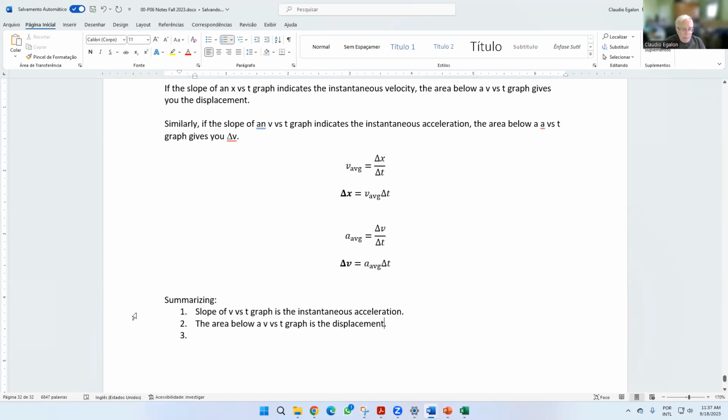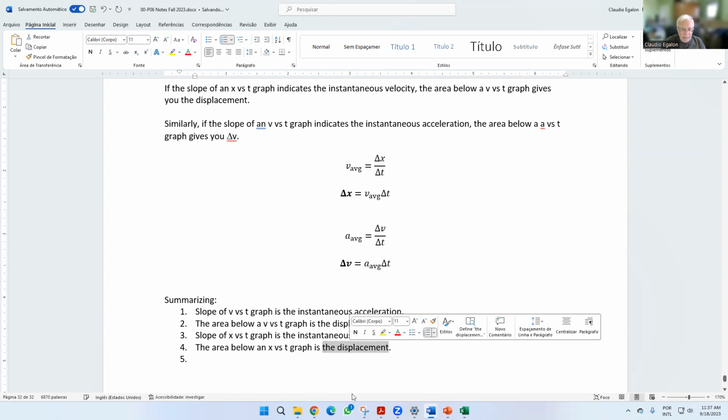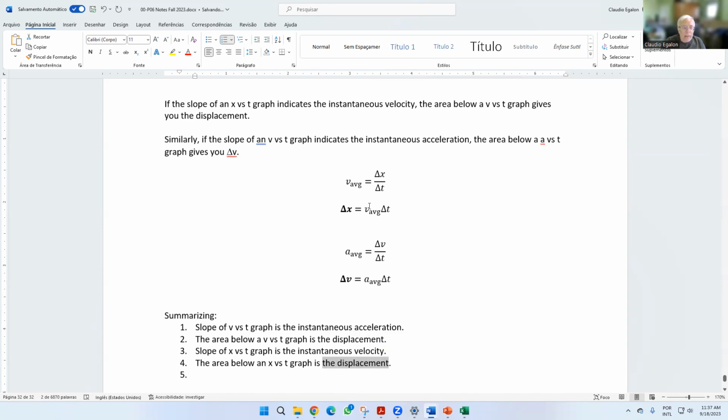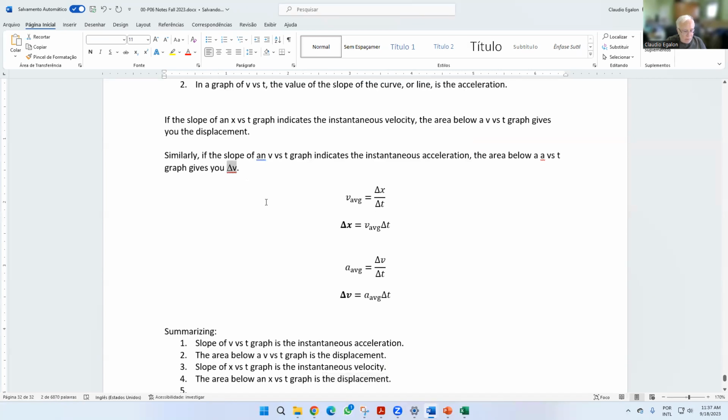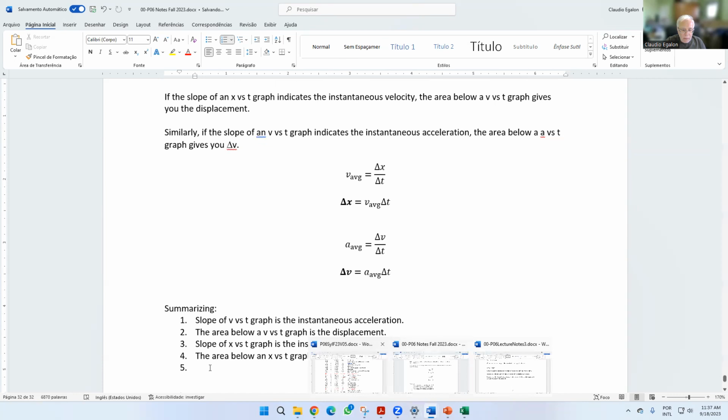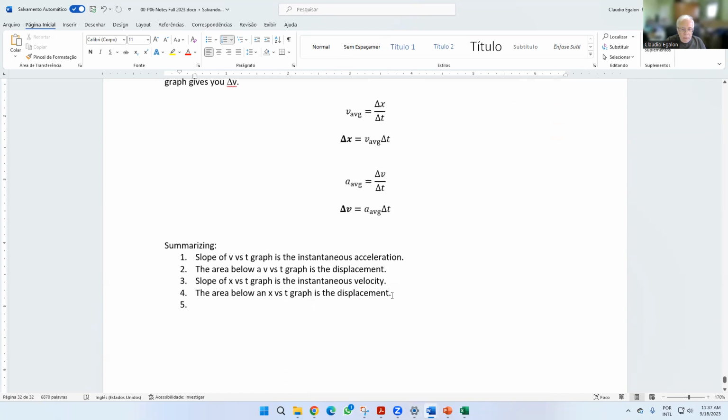Okay? The slope of an x versus t graph is the instantaneous velocity. The area below an x versus t graph is what? Is delta v.